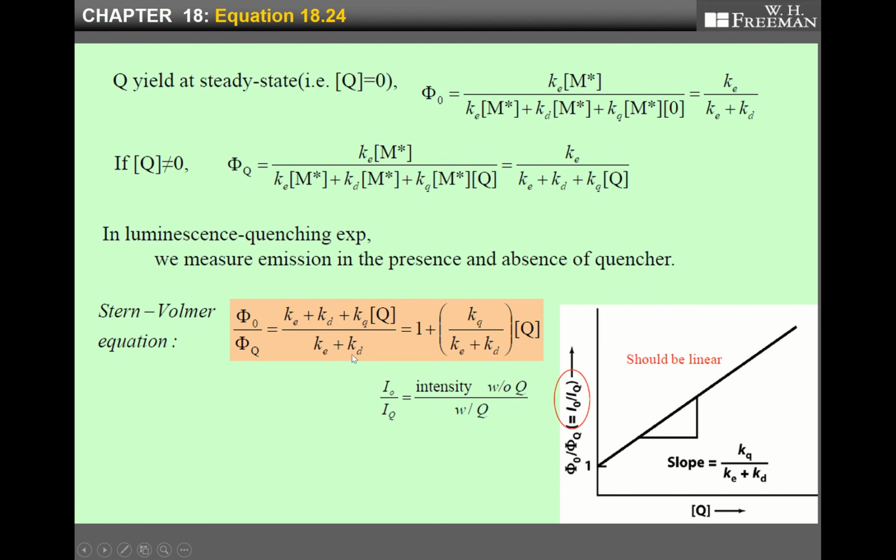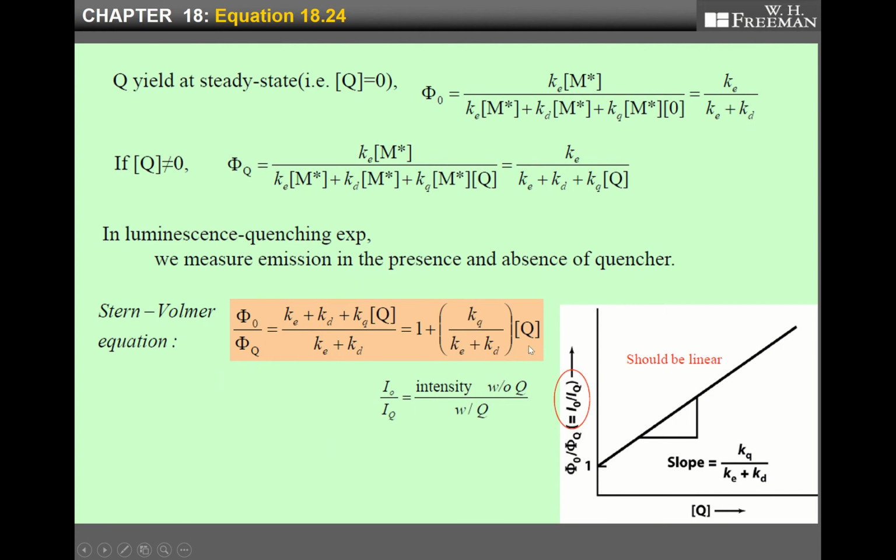How do we know phi 0 and phi q? This can be measured by measuring the intensity of luminescence. I0 is the intensity without quencher, and IQ is the intensity with quencher. We change the quencher concentration from 0 to a certain value, measure this ratio, and make a plot.